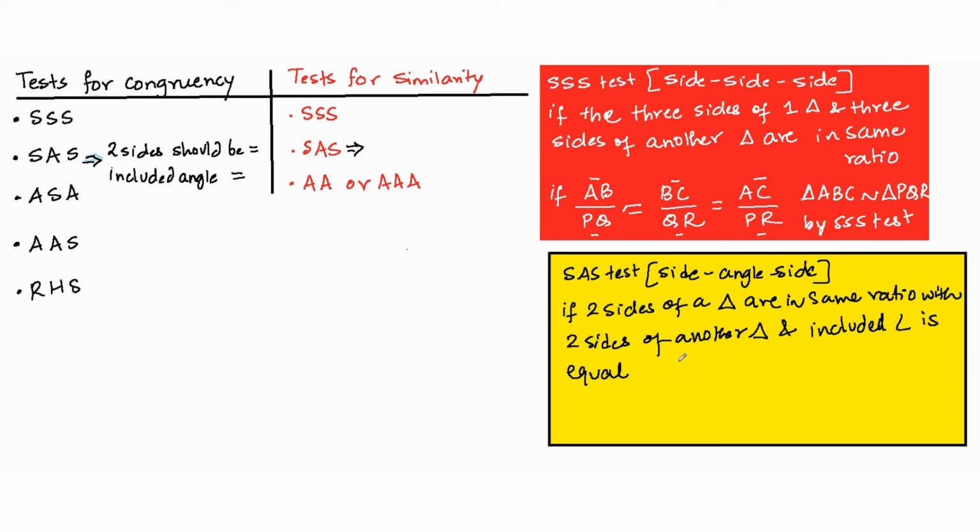So what it means is, if I have AB upon PQ equal to BC upon QR, and if angle B is equal to angle Q, the included angle is equal, then the two triangles are similar. Let me draw a figure and illustrate this.